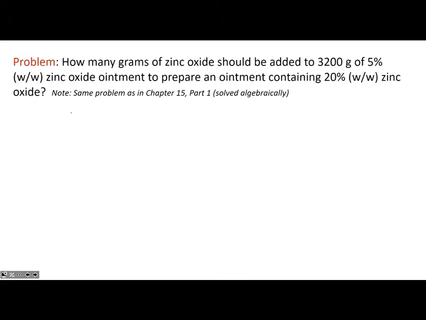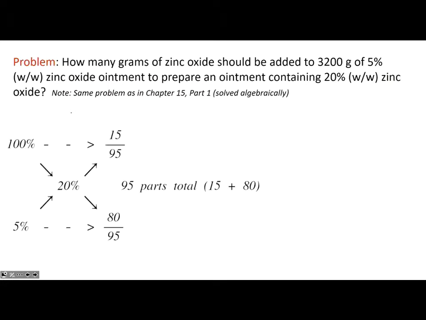Last kind of main question, and we're going to try to answer the same question three ways. So it says, how many grams of zinc oxide powder, 100% pure zinc oxide, should be added to 3,200 grams of a 5% ointment in order to prepare a 20% ointment? Okay? So the only little trick to this is what percentage would you assign to a pure drug powder?